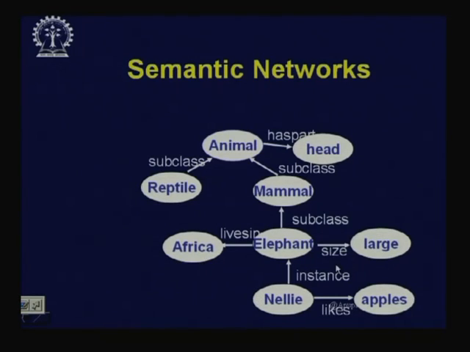So, I am making a list with Nelly and it is pointing to all the arcs which are connected by is a or instance, subclass or instance type of relationship. Right now in that node we have got only elephant. So, now we come to this elephant, and as we come to this elephant, what are the next possible places to go? In that list I add mammal.